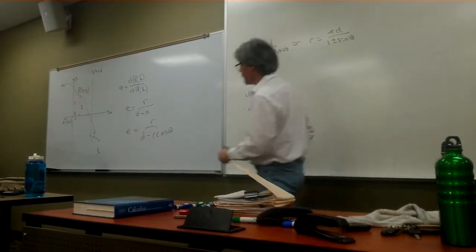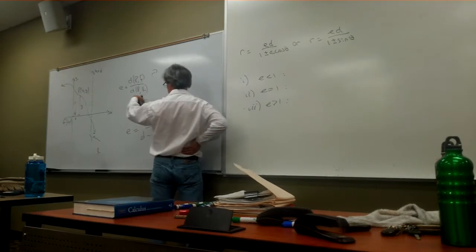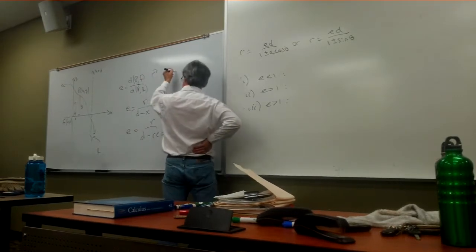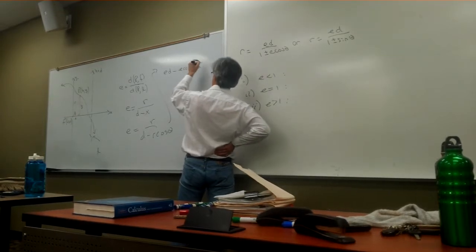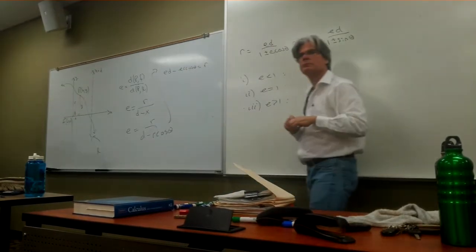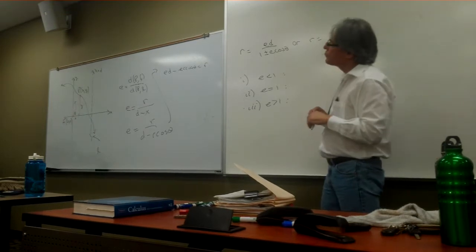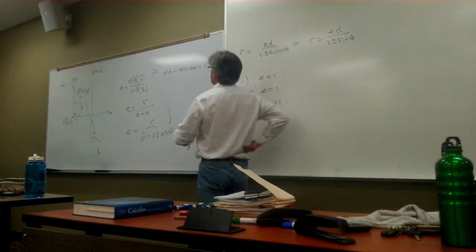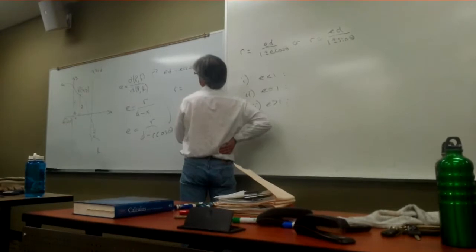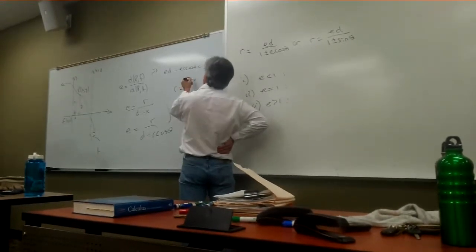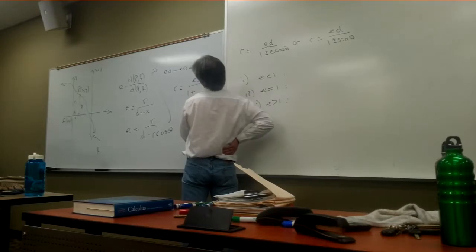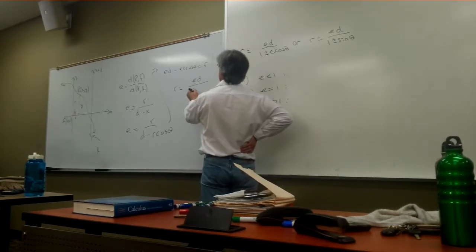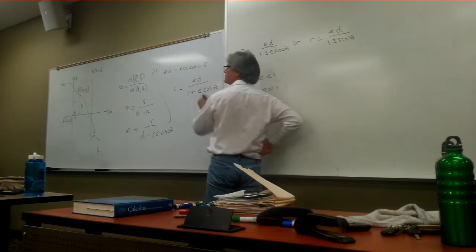If I were to clear fractions, that gives me this. If I were to try to solve for r in this equation, that gives me r equals ed over 1 plus e cosine theta.